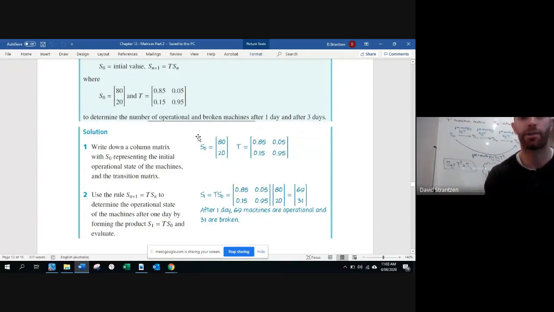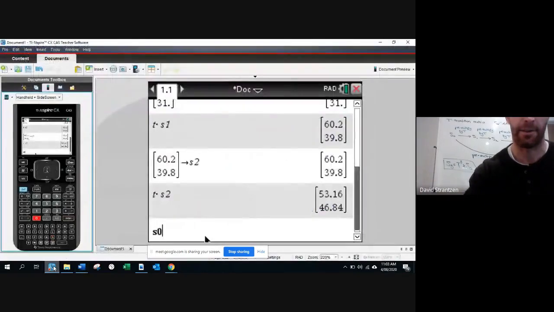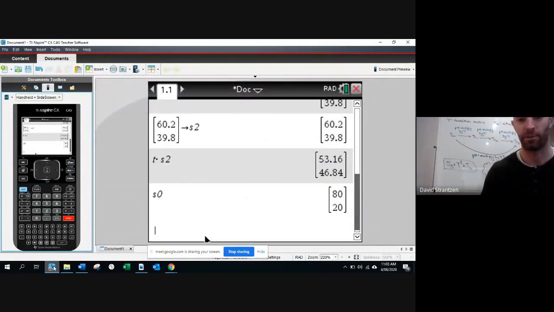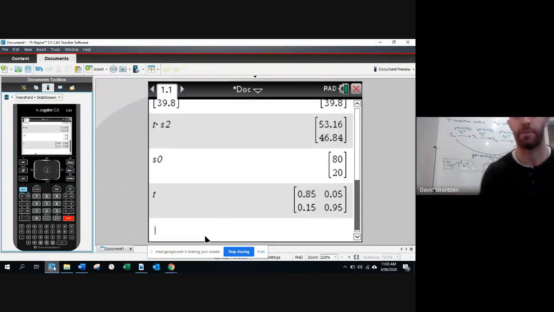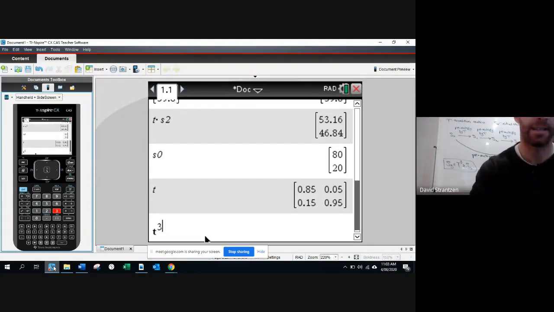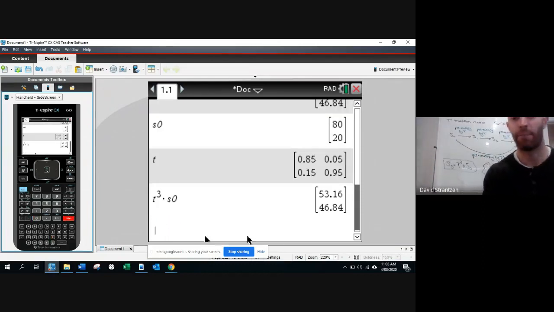But if I store S0 and T in the calculator, which I already did, remember that if I ask the calculator what was S0, it tells me the initial breakdown, and T, it tells me the transition matrix. Well, S3 is going to be T to the power of 3 times S0, and I get my final answer.